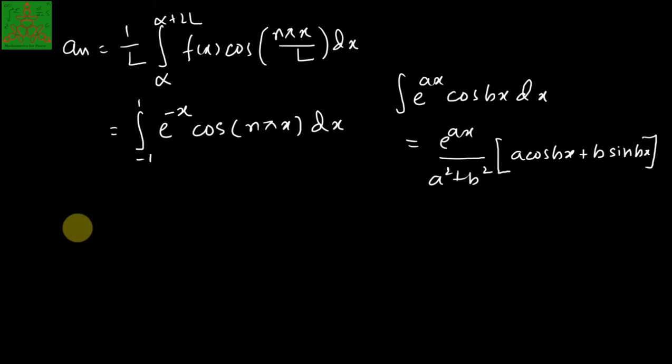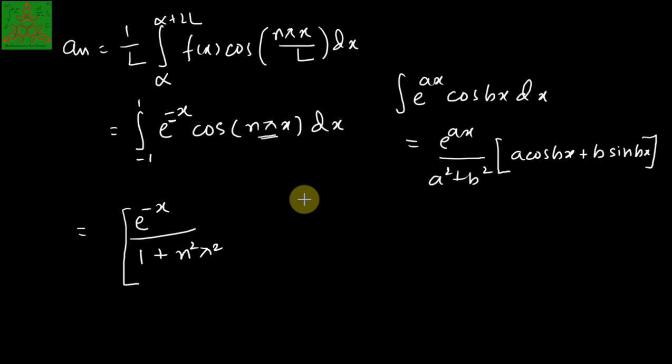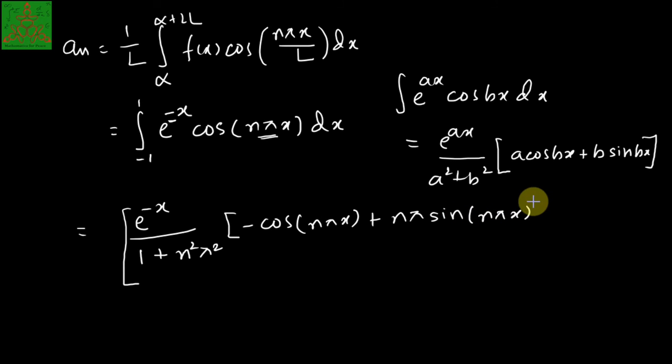So according to this it will be e power minus x upon 1 square plus n square pi square, because b is n into pi, a is minus 1, into bracket minus cos n pi x plus n pi sin n pi x, and the limit that we have given is minus 1 to 1.